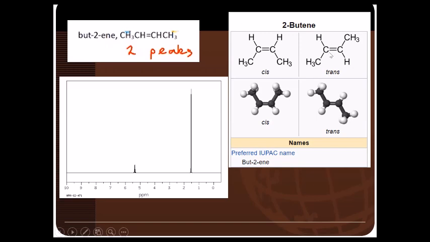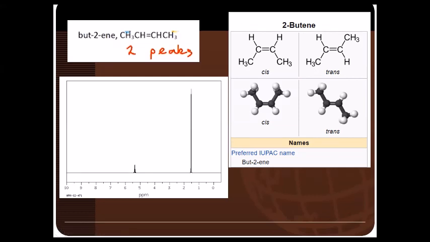And then there are 2 middle hydrogens attached to similar carbons that are both part of the same carbon-carbon double bond. And these CH3s are not different from each other in terms of chemical environment. They're both connected to a carbon that is equally connected to the double bond. So there's not any difference between these CH3 groups at the ends.